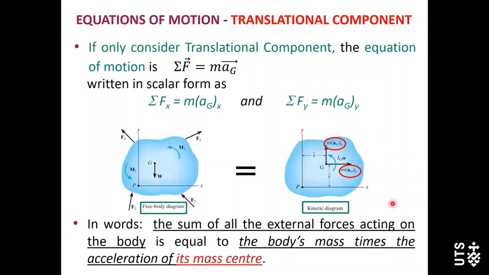On the right side, this is called kinetic diagram. And in this kinetic diagram, all accelerations need to be indicated, including angular acceleration alpha and the acceleration of the mass center point G here, AGX and AGY.